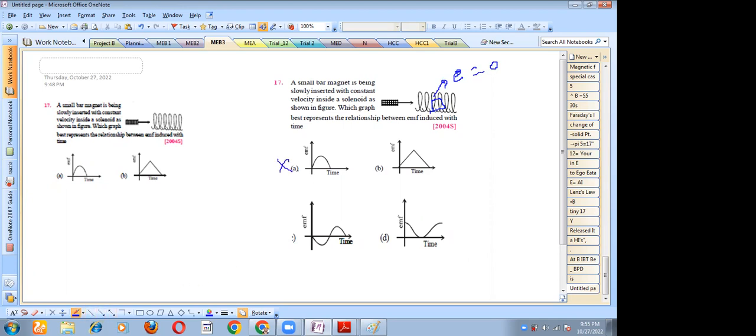So obviously A and B cannot be the correct answer, since during the intermediate time they are showing maximum EMF, right? So it is not possible. So A and B are not correct.